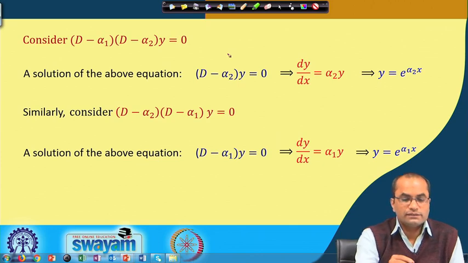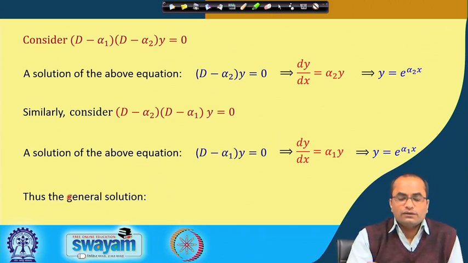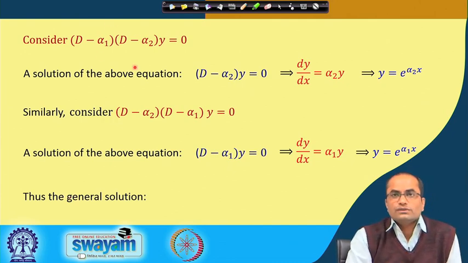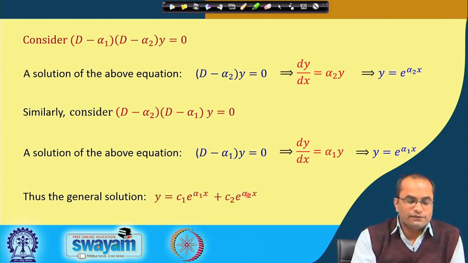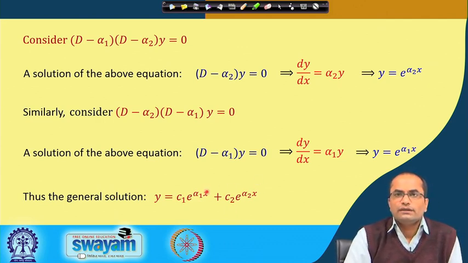Thus the general solution we can write down, because our equation was a second order linear differential equation. We have two linearly independent solutions, and C 1 e power alpha 1 x plus C 2 e power alpha 2 x will be the general solution of the given second order differential equation.